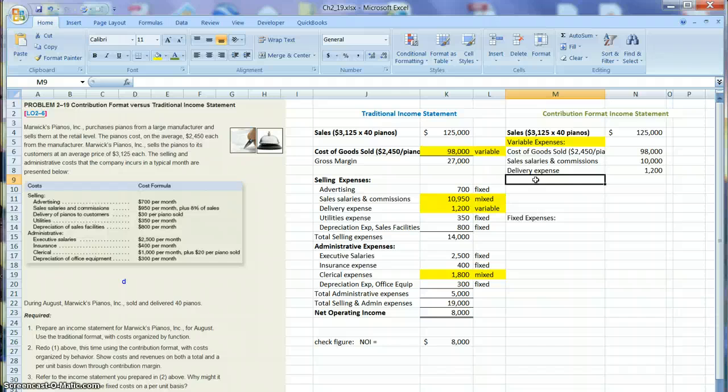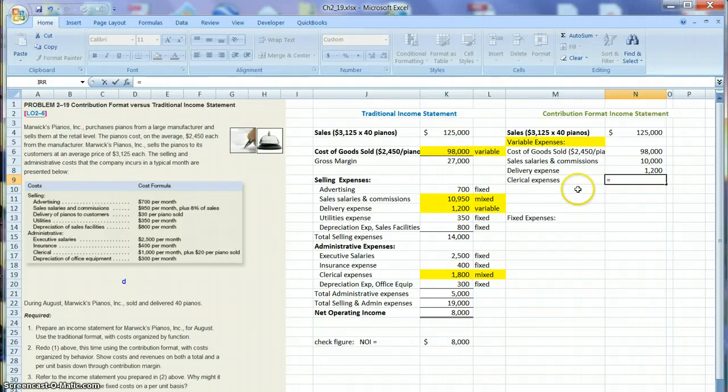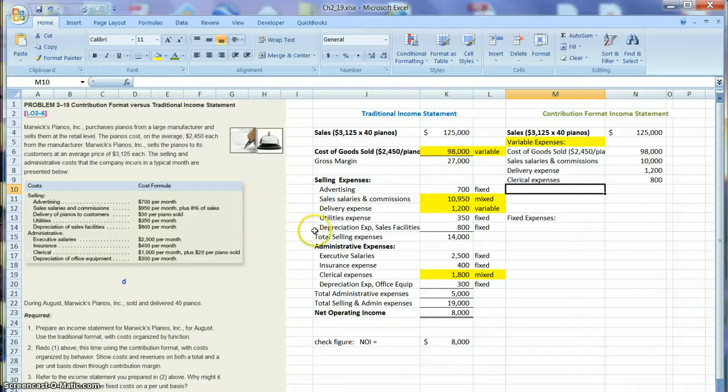The next thing I have, as I go through looking for my yellow variable expenses, was my clerical expenses. I could have used the equal sign, it probably would have been quicker, to pick up the clerical expenses. Now, it is identified as mixed, so only $20 per piano is actually variable. So I'm going to do 20 times 40 pianos, which is 800. Those were my only variable expenses.